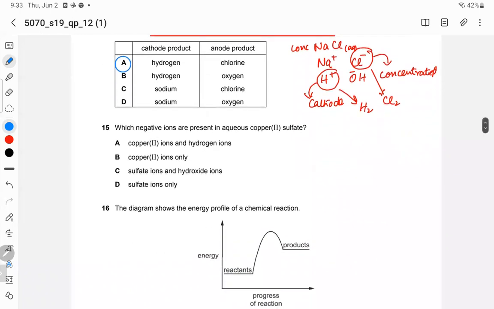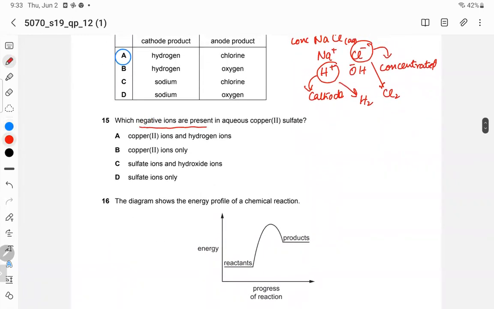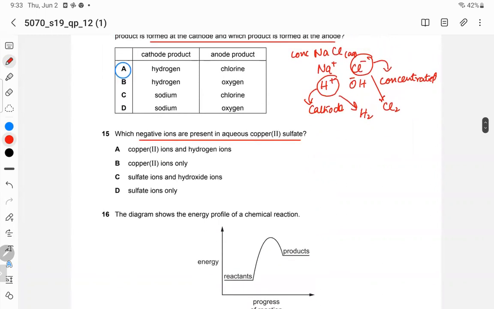Okay, question number 15. Which negative ions are present in aqueous copper 2 sulfate? Aqueous copper 2 sulfate, right? The formula would be CuSO4 aqueous, but when we talk about ions, we have a copper 2 positive ion, we have a sulfate ion, we have a hydrogen ion, and we have a hydroxide ion.